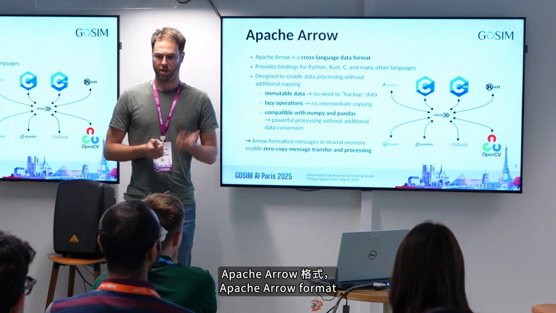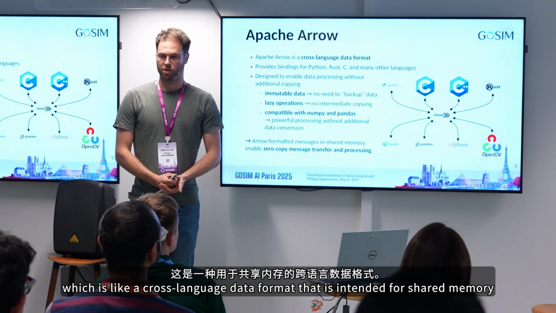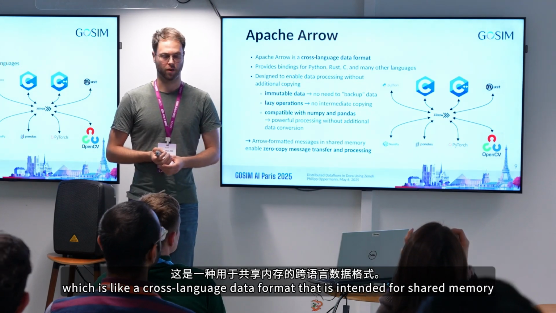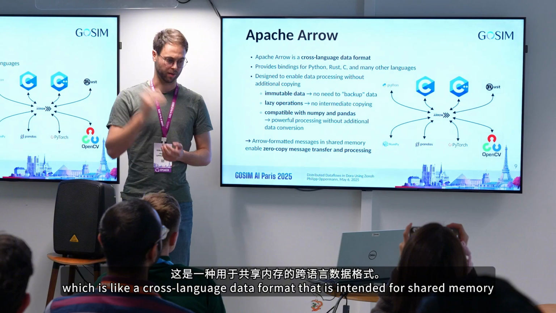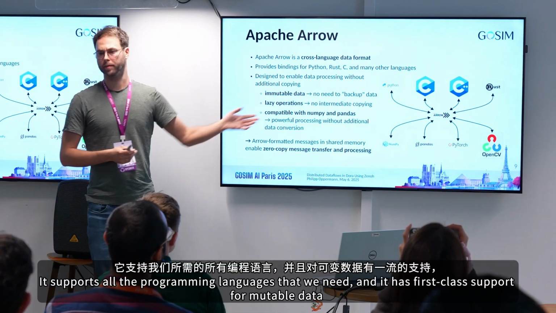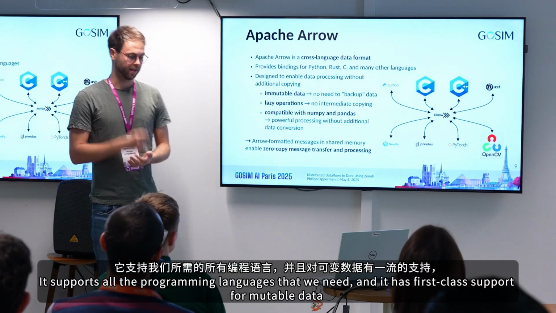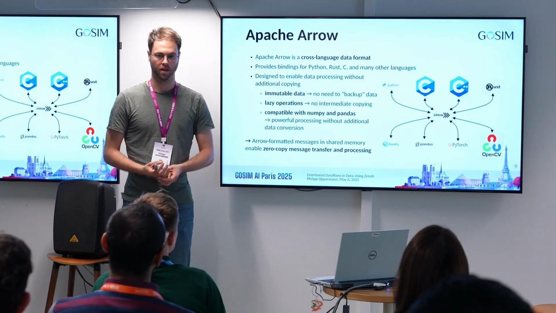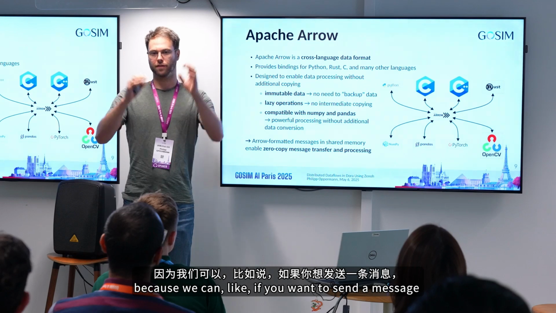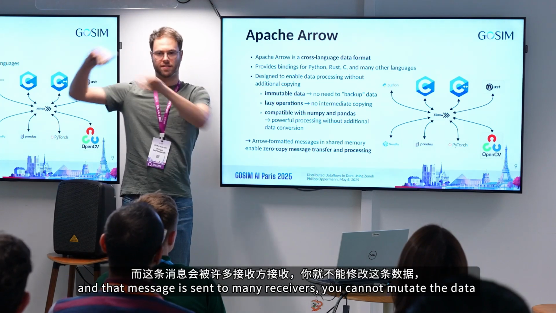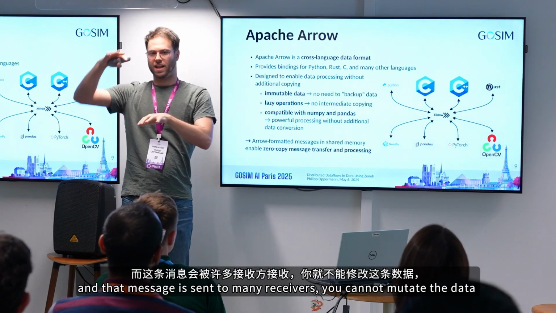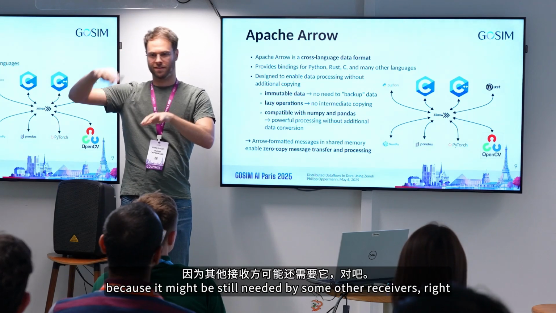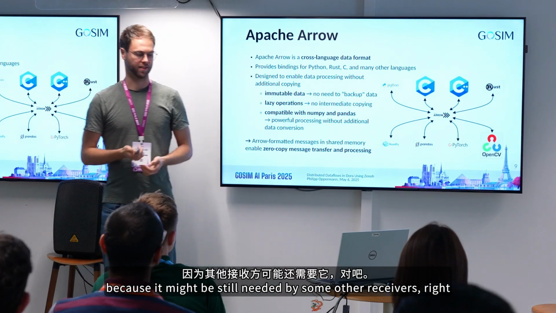For that we use the Apache Arrow format, which is a cross-language data format intended for shared memory. It supports all the programming languages that we need, and it has first-class support for immutable data, because if you send a message to many receivers, you cannot mutate the data since it might still be needed by some other receivers, right?